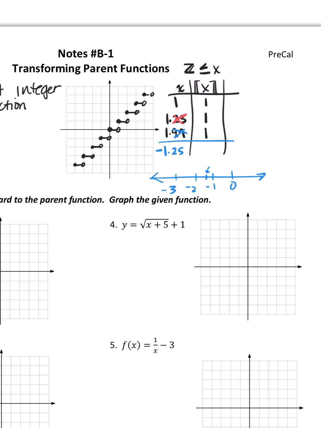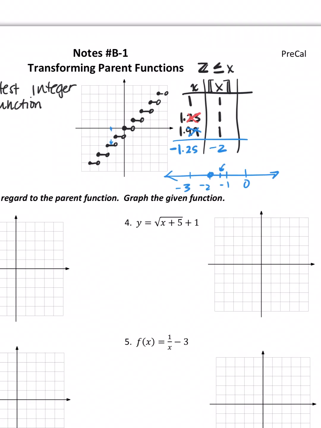Well, the closest integer to this value that's less than or equal to it is -2. So you can see at -1.25, it dropped all the way down here to a y value of -2. So it's a little bit strange in that regard, but it's not impossible. So that's enough of that.